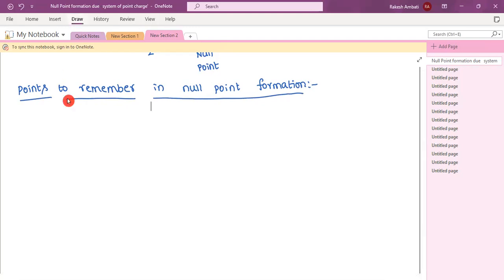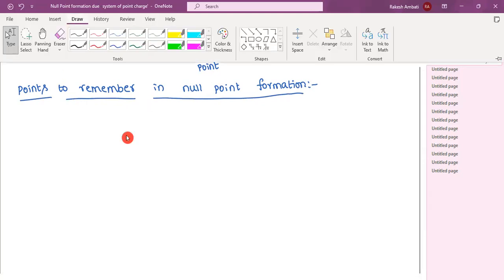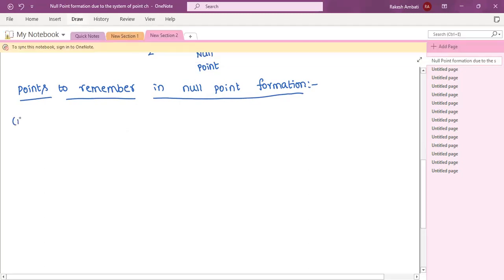See the first point. In the case of like charges, which means positive-positive or negative-negative, those are the like charges.